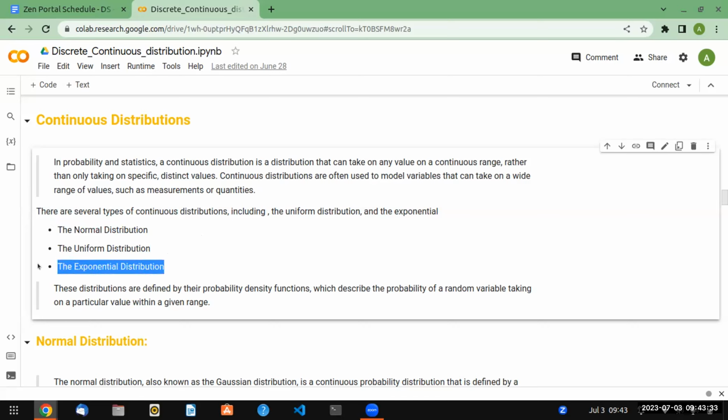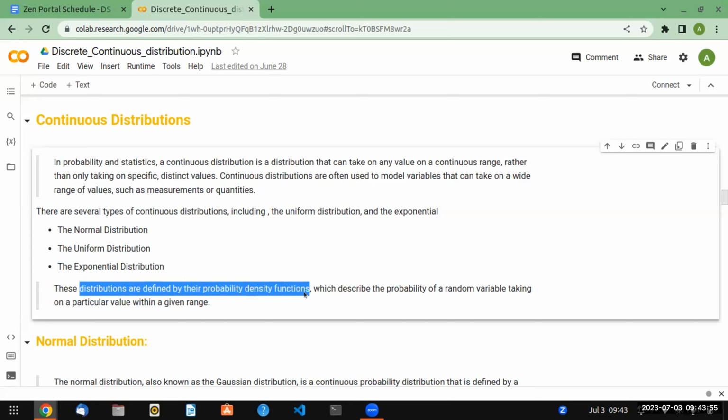So this is the benefit. If you're thinking, why are we learning this, by knowing the known distributions, you can take the appropriate decision. Now, the three types: normal distribution, uniform distribution, and exponential distribution. These distributions are defined by their probability density function.